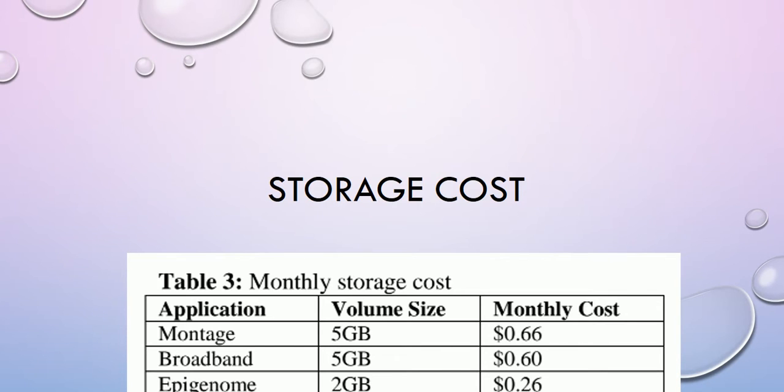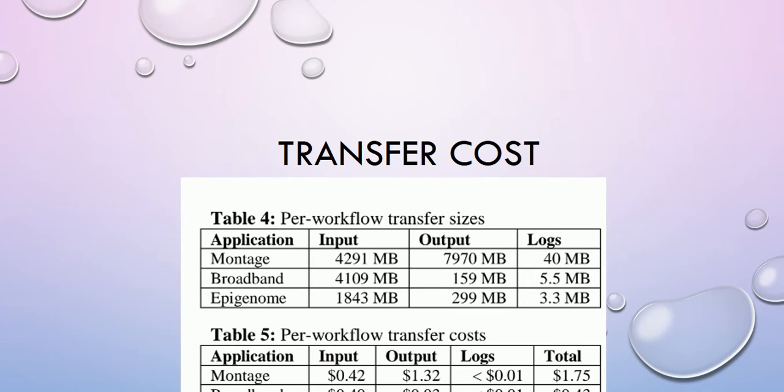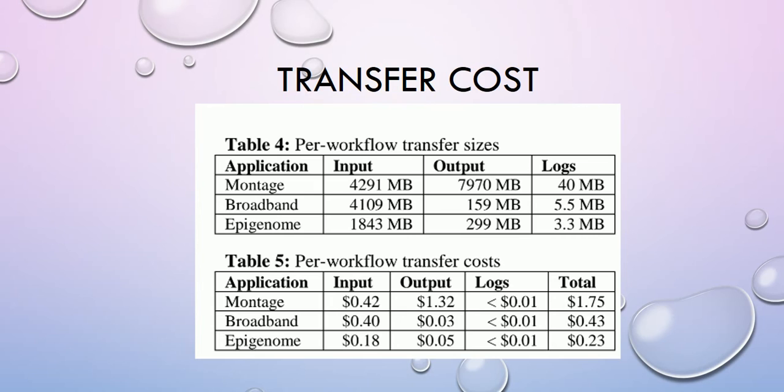Next comes the transfer cost. The table of the three applications is shown. In these two tables, we show the per-workflow transfer size and the cost for the three applications that were studied.